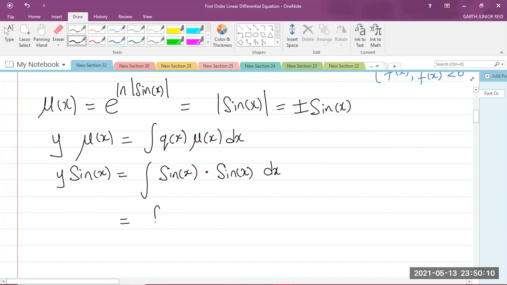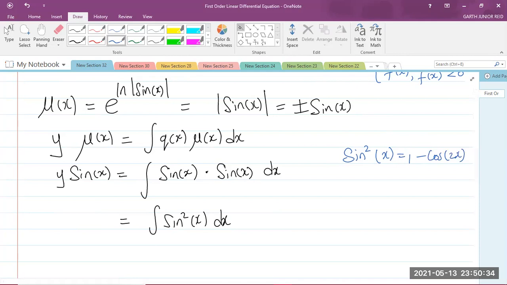which is equal to the integral of sine squared of x dx. Now, you should remember that whenever we're integrating the sine squared of x, we substitute sine squared of x as 1 minus cosine of 2x divided by 2.